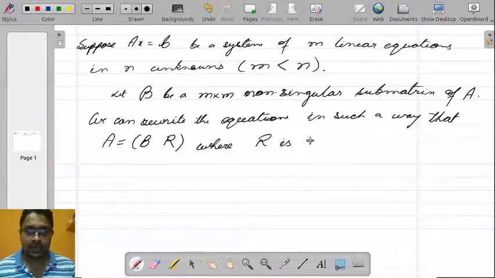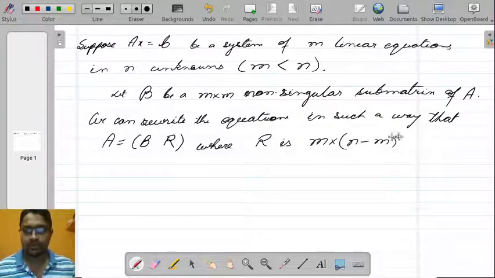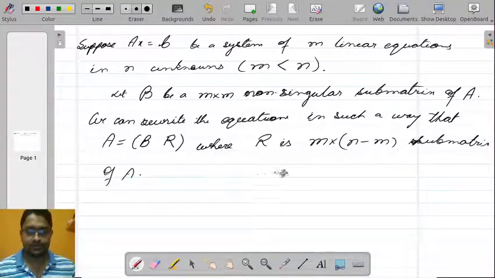So R is an m by n minus m submatrix of capital A. What we are doing is just changing the order of the variables.